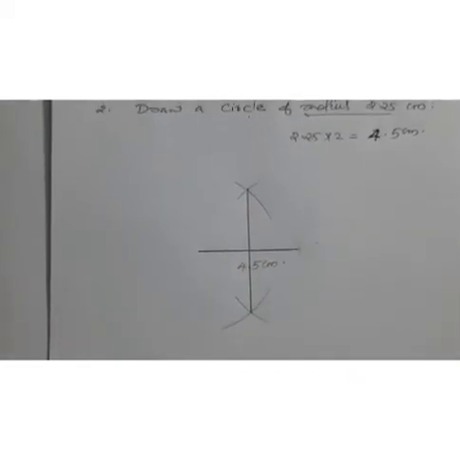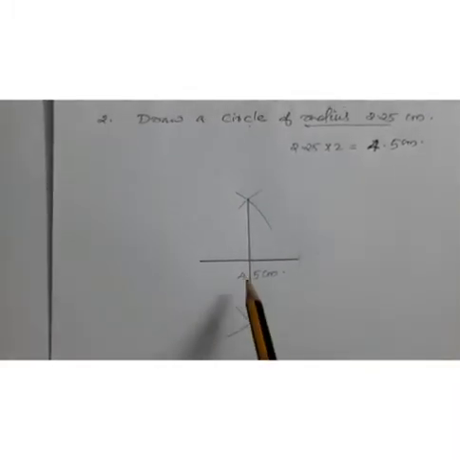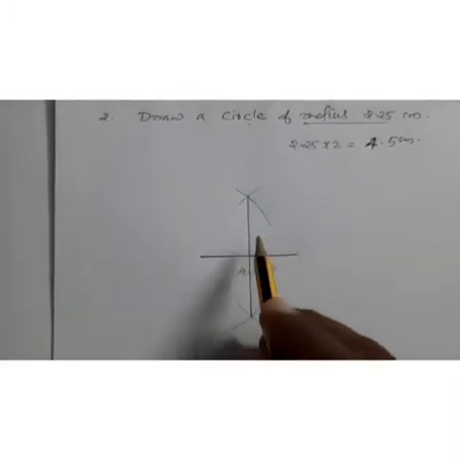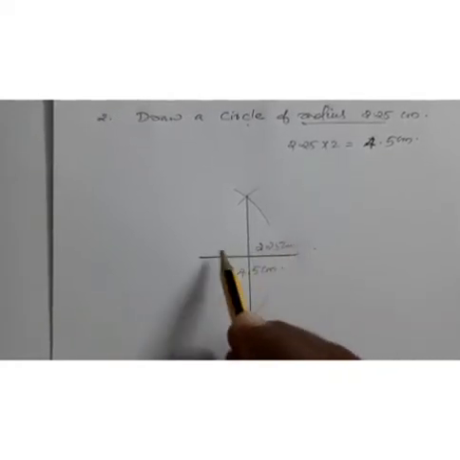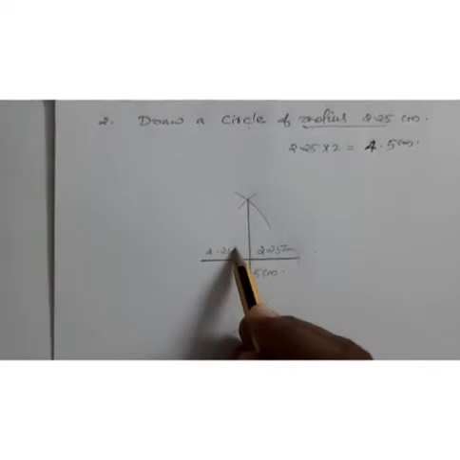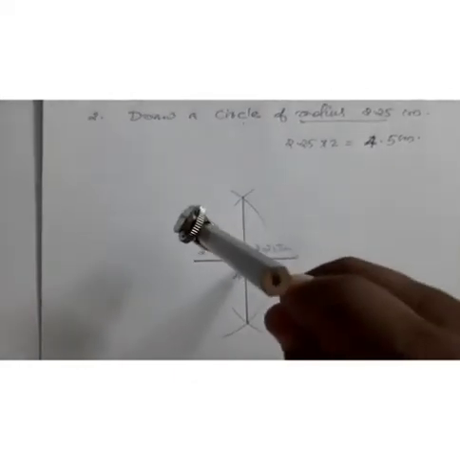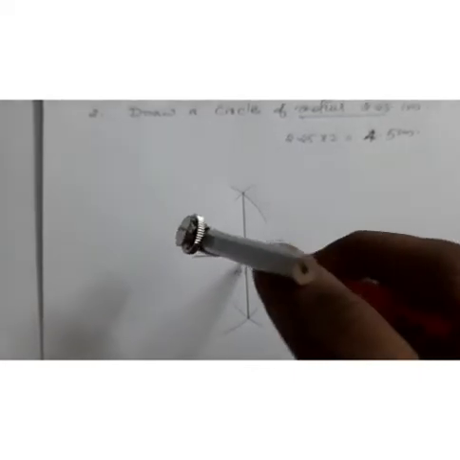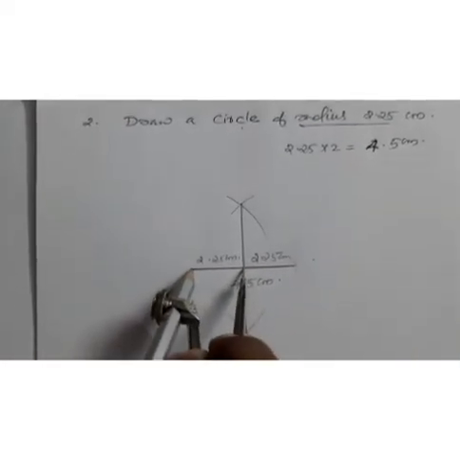Then what you have to do? The radius is given as 2.25. If you take the bisector of 4.5, what is this length? That is 2.25 centimeter on both sides. So keep this as radius, keep this side as radius.